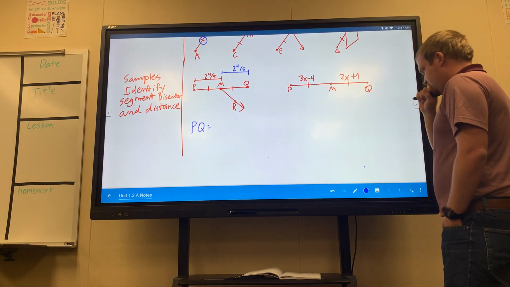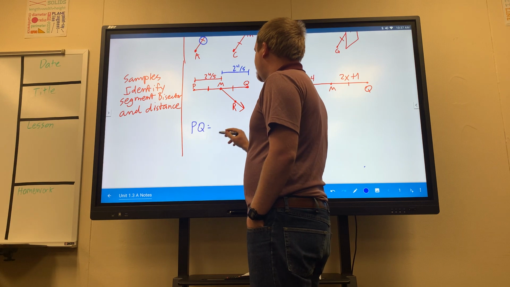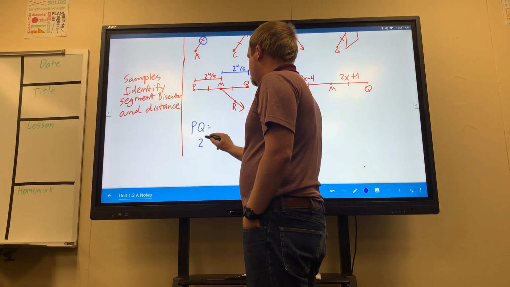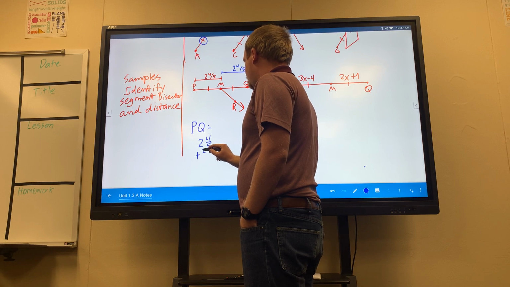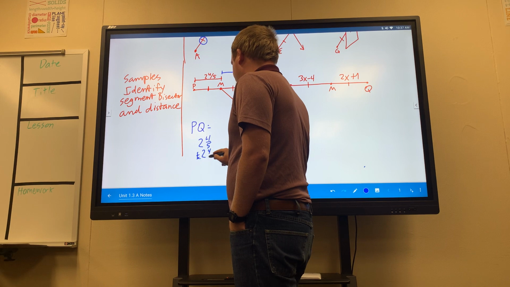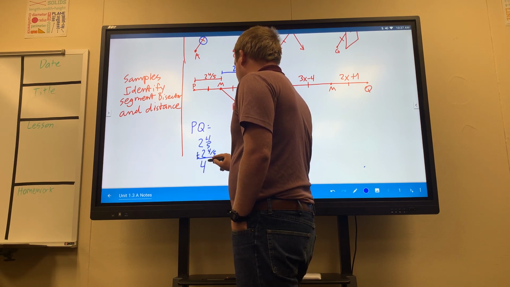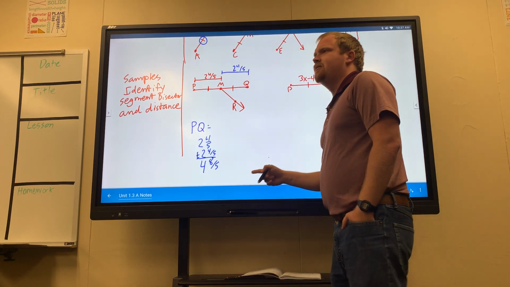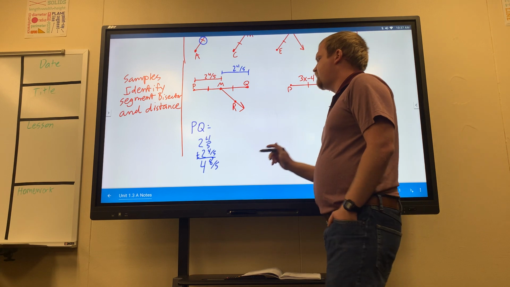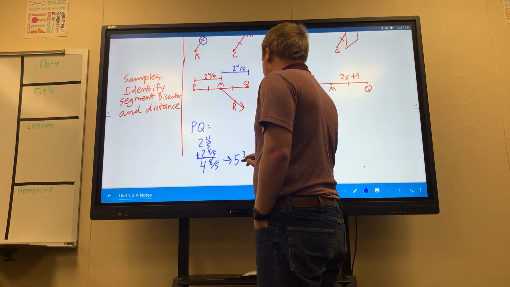So I can add these two together. 2 4/5 plus 2 4/5 is going to give me 4 8/5. But we can't say that, so we're going to change that to 5 3/5.